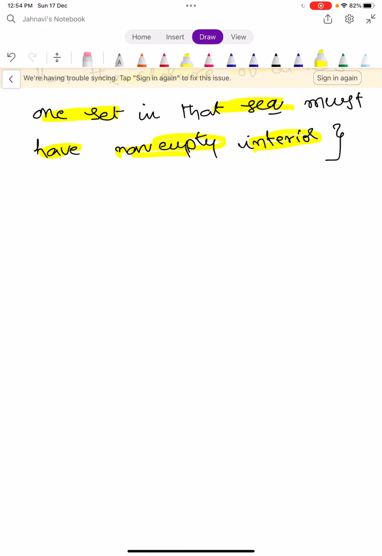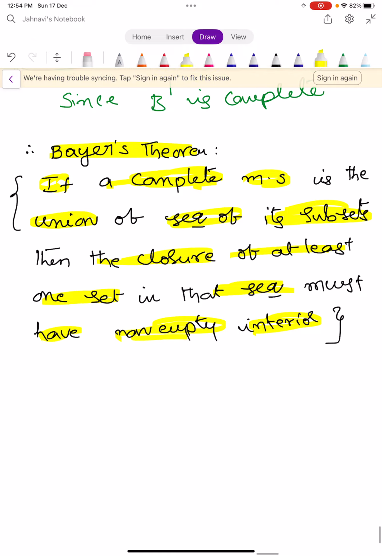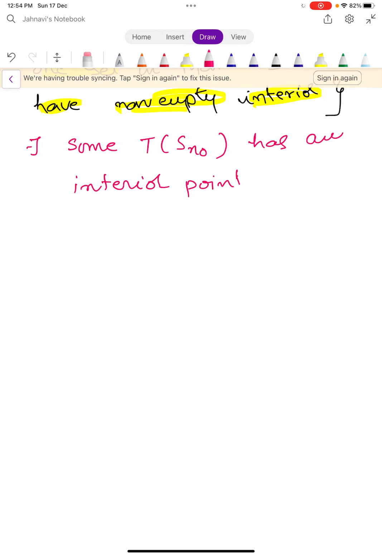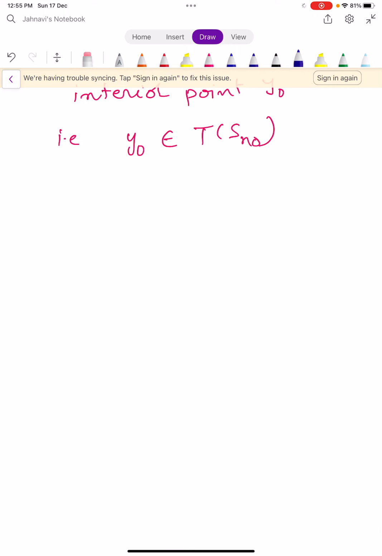So by applying Baire's theorem to our B dash, there exists some T of Sn naught whose closure has an interior point y naught, which may be assumed to lie in T of Sn naught. That is, y naught belongs to T of Sn naught. Now consider a mapping.